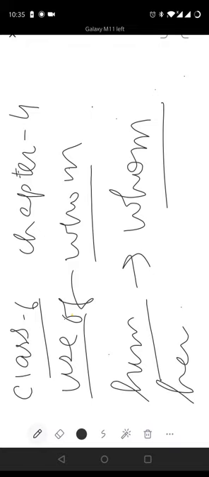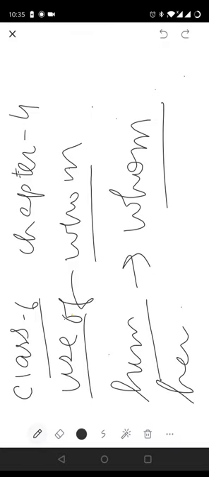Whom, if I say in Hindi, whom is किसका, whom कौन. Whom and who are used for living people.